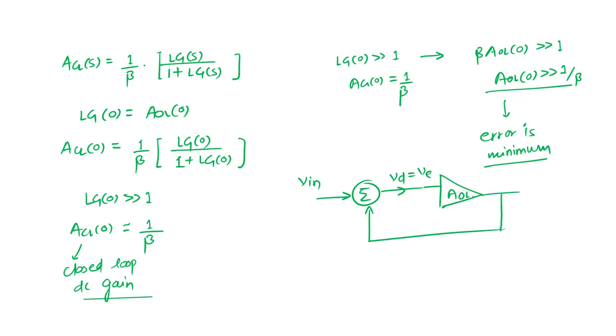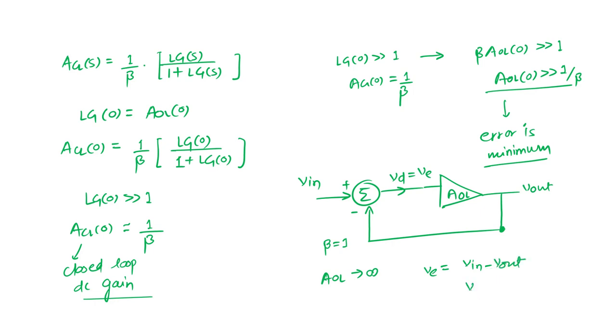If this is my AOL and this is the beta voltage, beta is 1 here. If my AOL, let's say, is infinite or very large, what is the error voltage? The error voltage is nothing but V in minus V out.